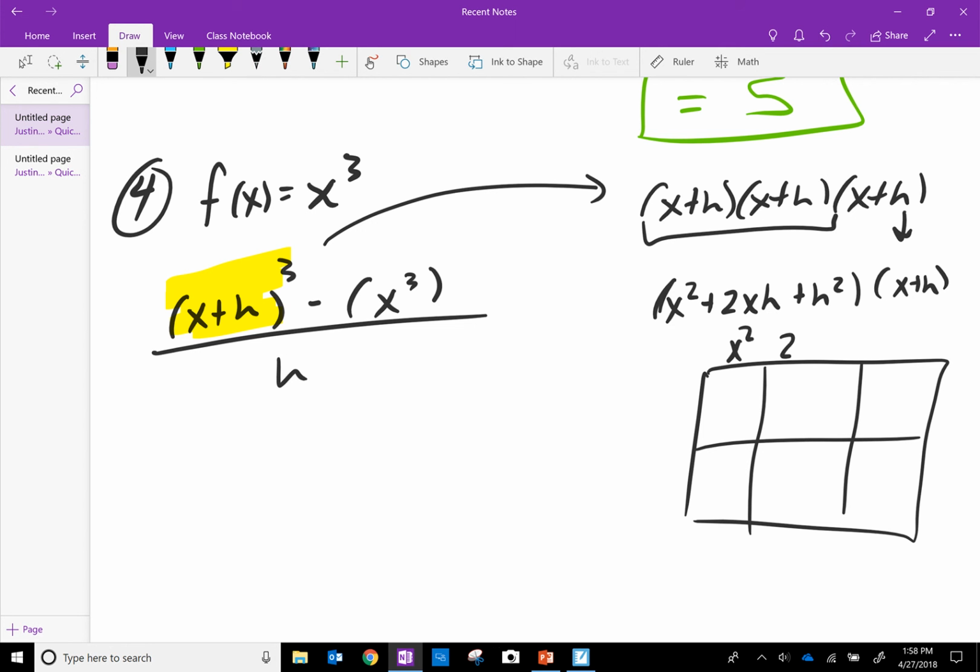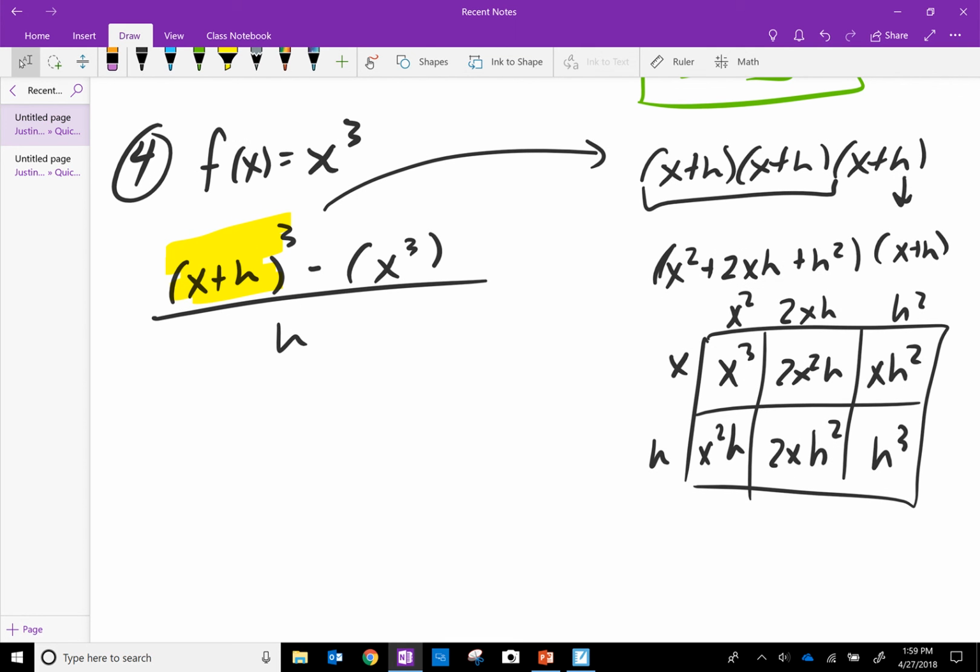X squared, 2xh, h squared, x, h. X cubed, 2x squared h, xh squared, x squared h, 2xh squared, h cubed. Okay, so when I bring that back over to my difference quotient, that's going to be x cubed.